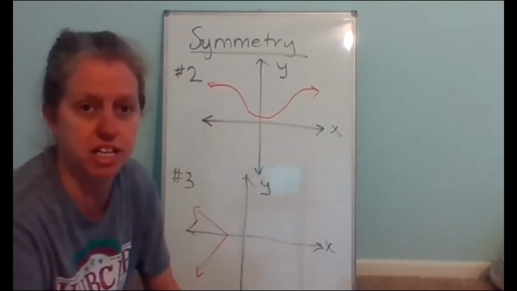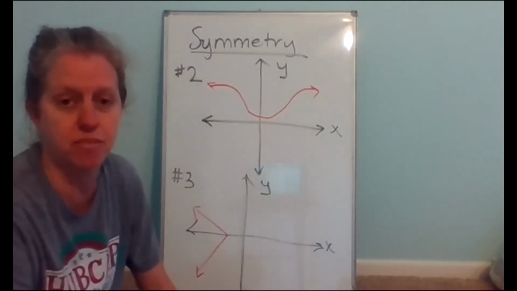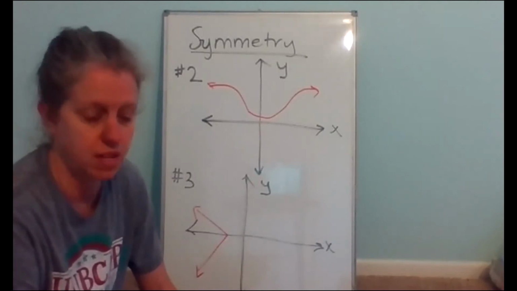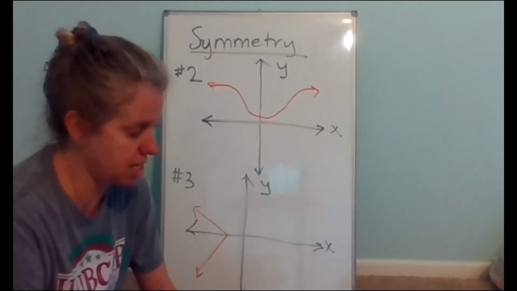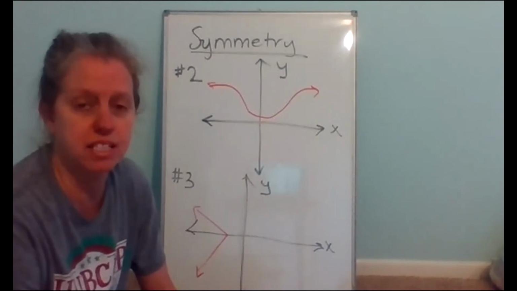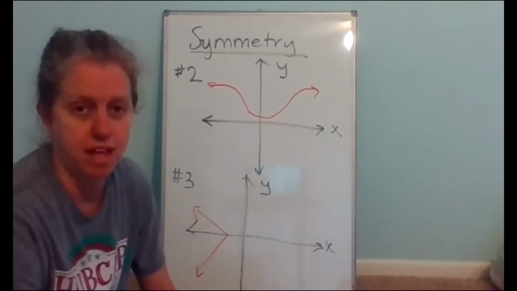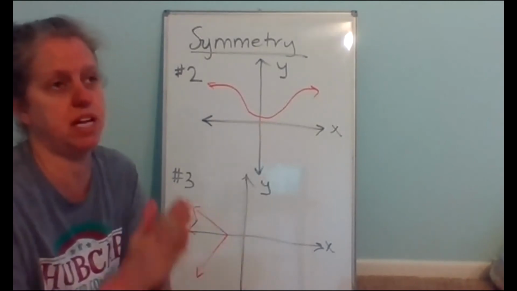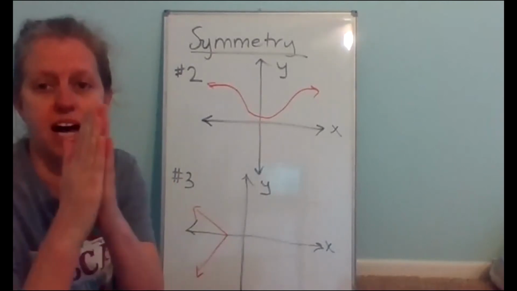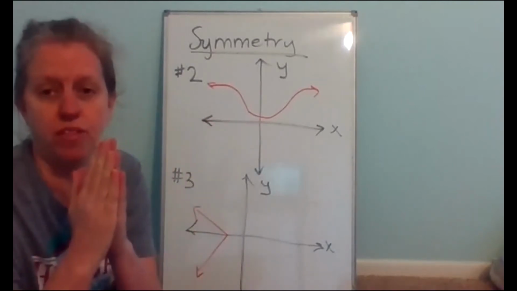Today we're going to do two sections, 7.1 and 7.2. 7.1 is on different kinds of symmetry. Symmetry just means that you're the same on one side of something as you are on the other.